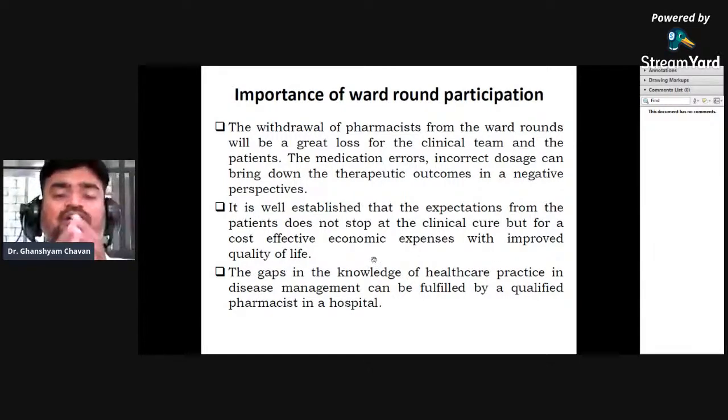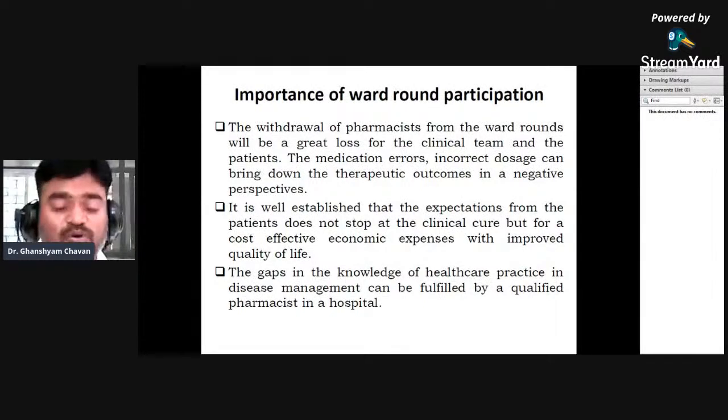So the expectations from the pharmacists do not stop at clinical care, meaning only that the patient is completely cured of the disease, condition, or critical issue.